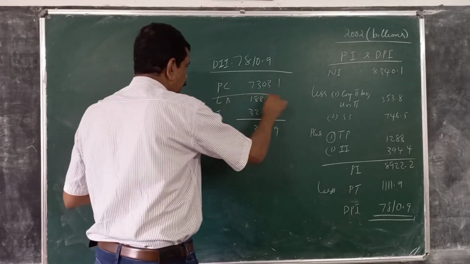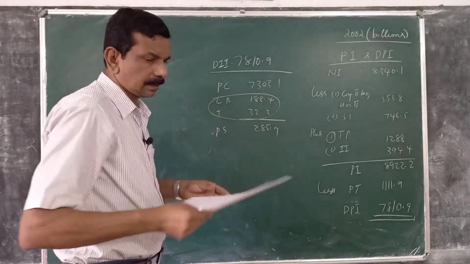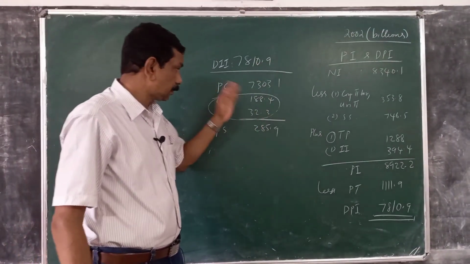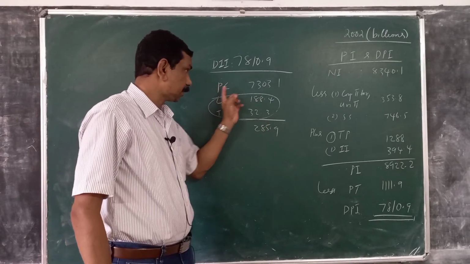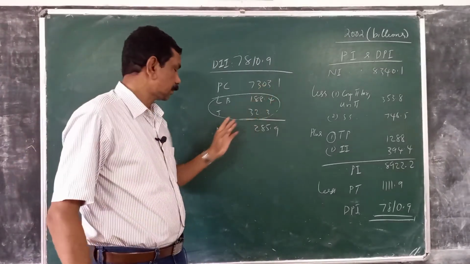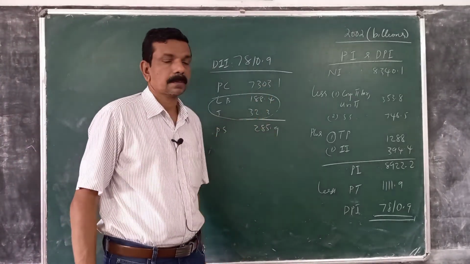We will not consider each and every category. Disposable personal income, the two major components which we consider are personal consumption, as you can see, almost 90%, then personal savings.